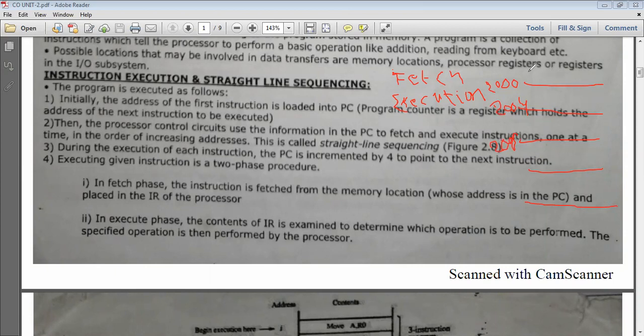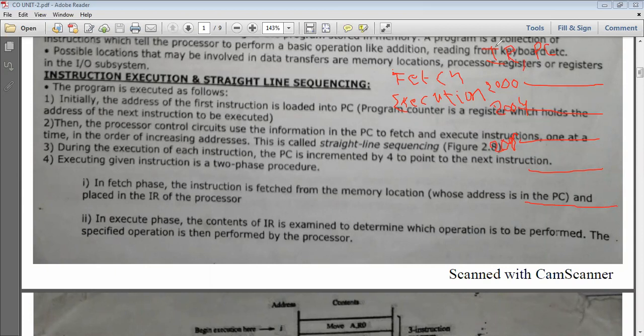While executing the instructions, we use the IR register. You remember the IR register and the PC register. What is the IR register? Instruction register. It contains the presently executing instruction, which is currently being executed.